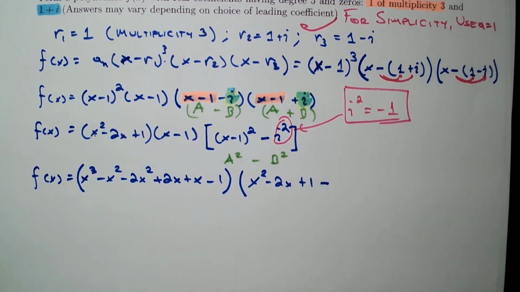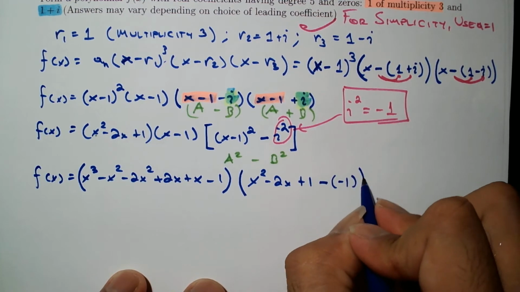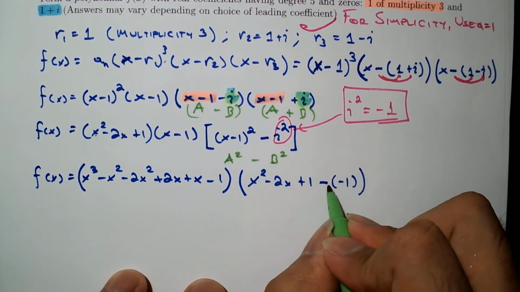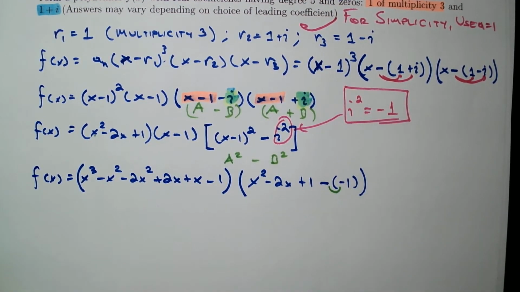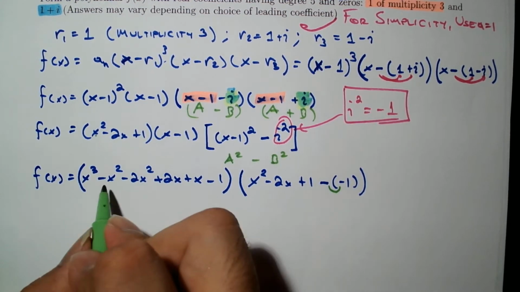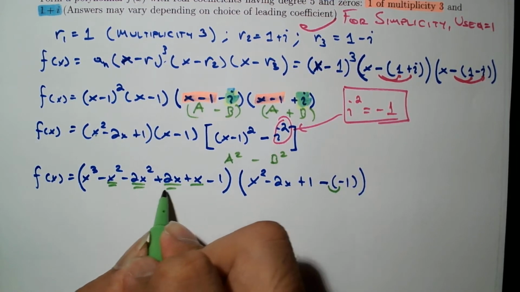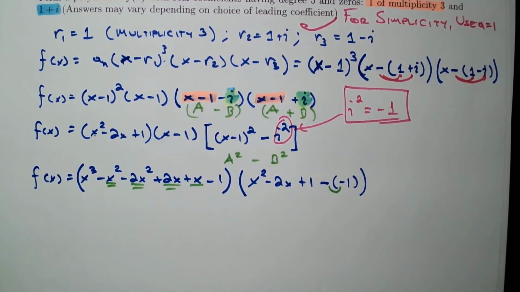Don't forget that one, that's from chapter 1. And that's going to be minus -1. Careful, we're going to use the smile rule, turn that into positive. And here I'm going to simplify like terms. Two bars for squares, one bar for linears.